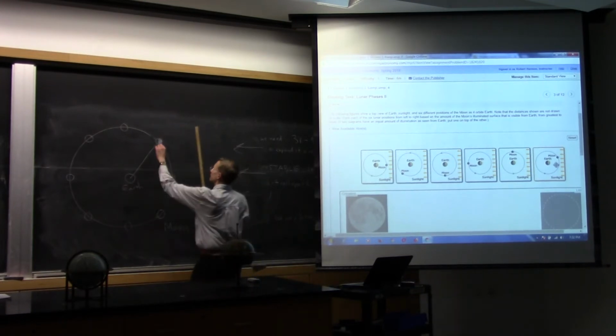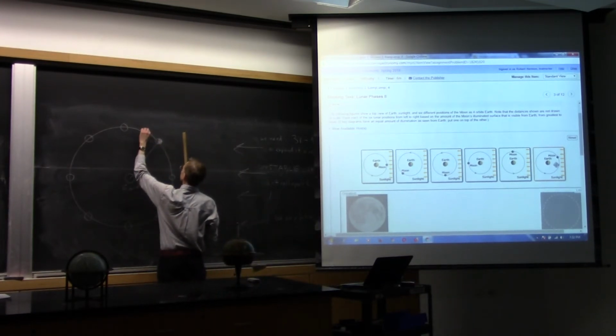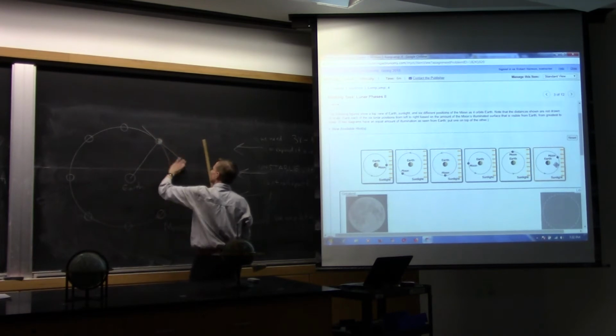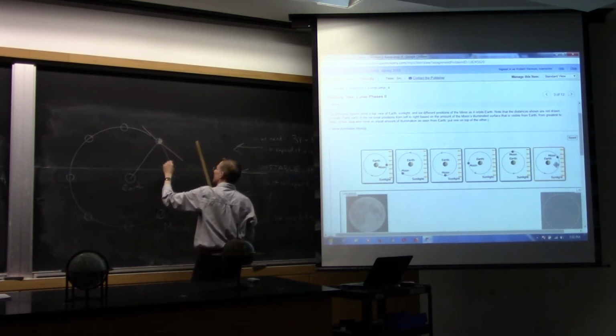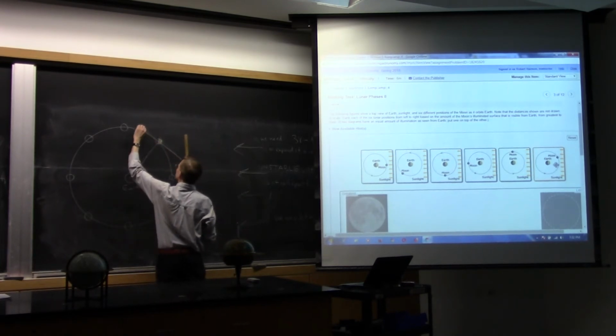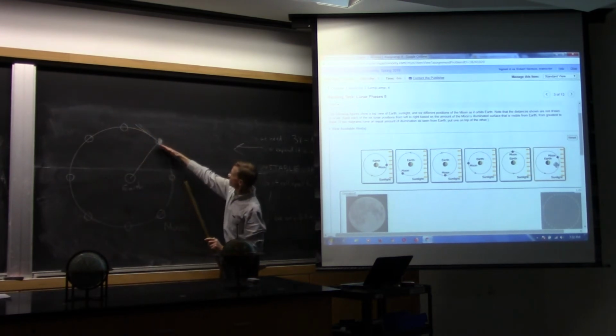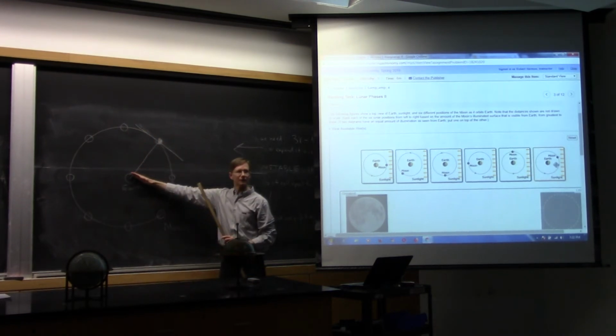So for example, right here, I can draw in this line, and it's this side of the line that's facing Earth, okay?